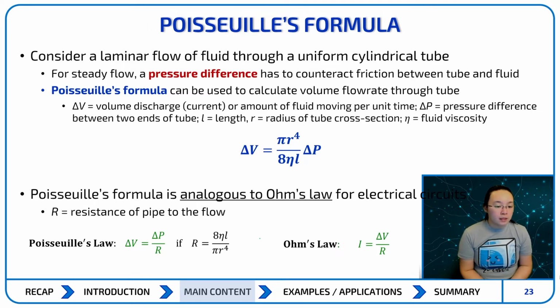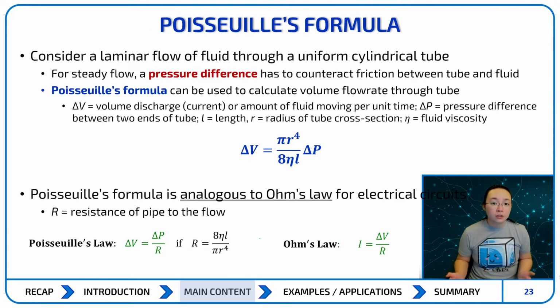Essentially, what we want to do is just present an analogy to Ohm's law. With Poiseuille's law, we have delta V equals delta P over R. Delta V is considered some sort of flow per unit time, which can be considered a current, or I. We have delta P, which is a pressure difference between two ends of a tube.